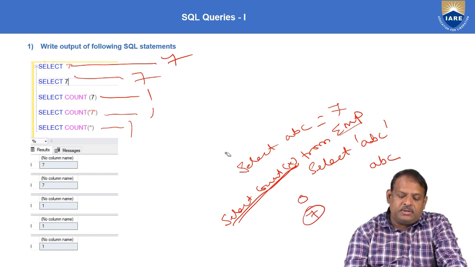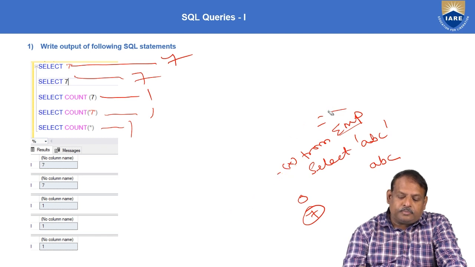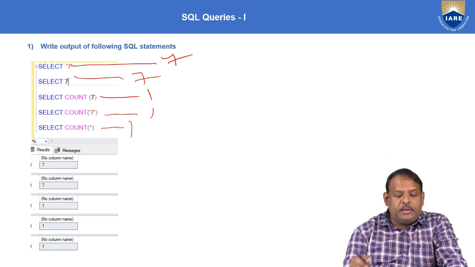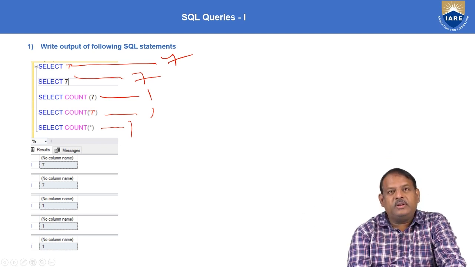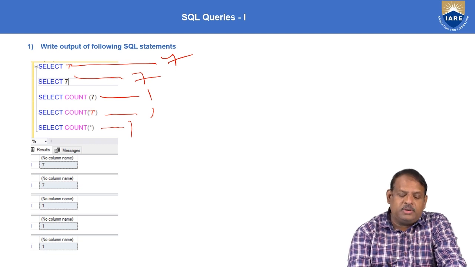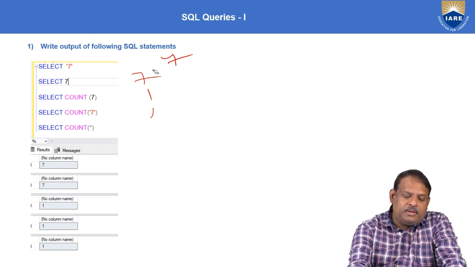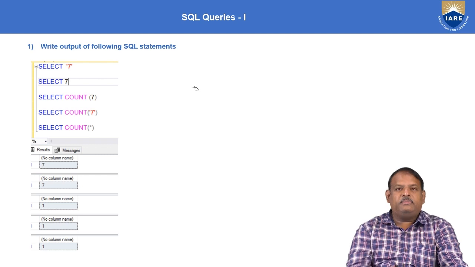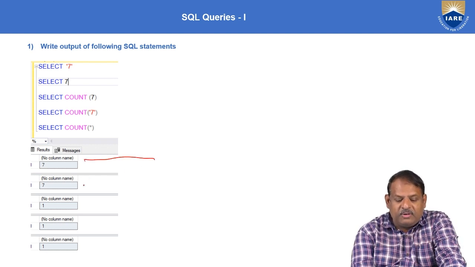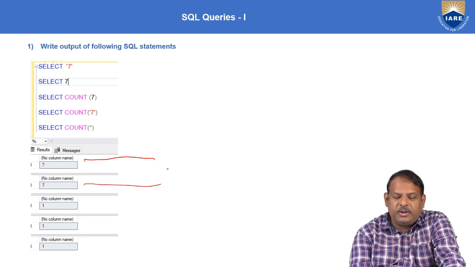So the first question answers, what we displayed here, would be 7 for single quote 7, and 7 again for the straight 7, no single quotes.